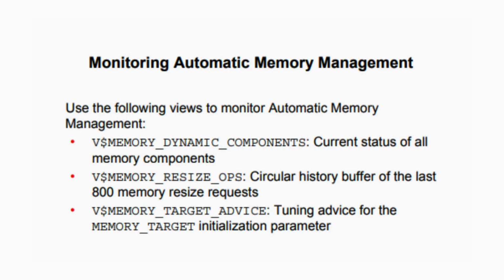For each alternative size, the database server shows the size factor, the multiple of the current size, and the estimated DB time to complete the current workload if the memory_target parameter were changed to the alternative size. Notice that for a total memory size smaller than the current memory_target size, the estimated DB time increases.